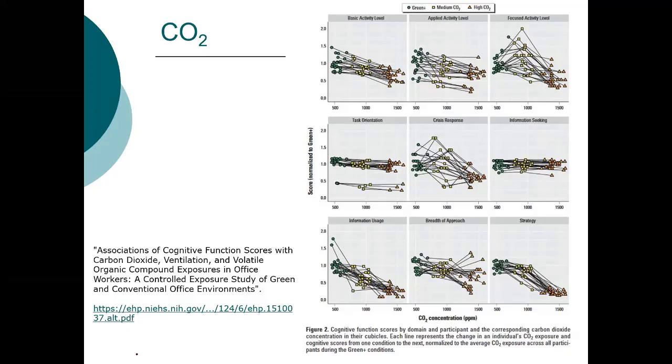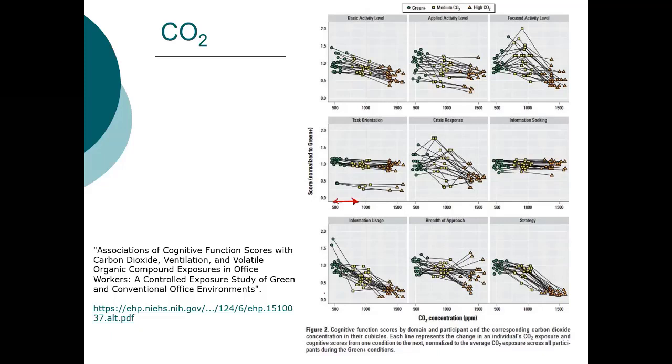And what you can see here is that the range that we typically want the CO2 levels to be in a classroom or a work environment is about this region here. So we want it under 800 parts per million.